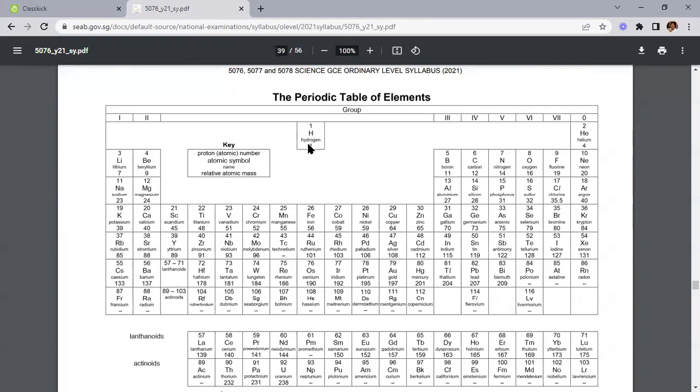So the bigger number, let's say for lithium is 7, 7 is the relative atomic mass. It tells you how heavy the lithium atom is relative to something. So the question is, relative to what? Why do they call it the relative atomic mass?